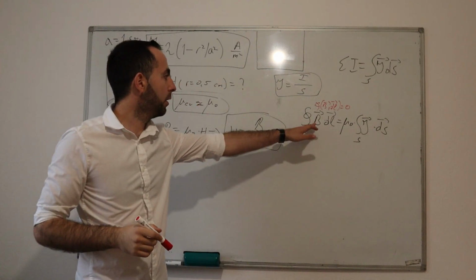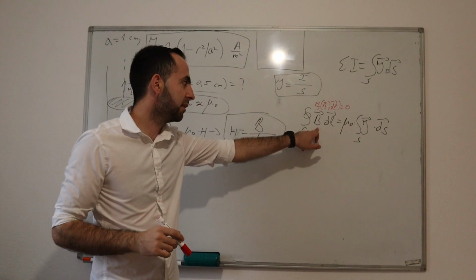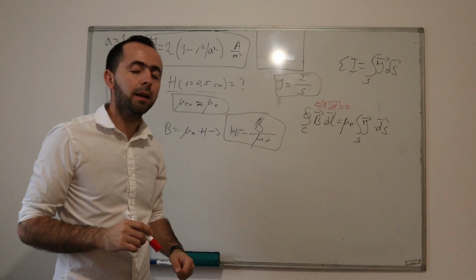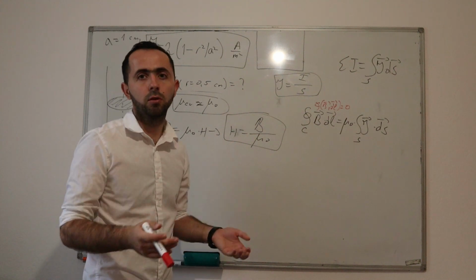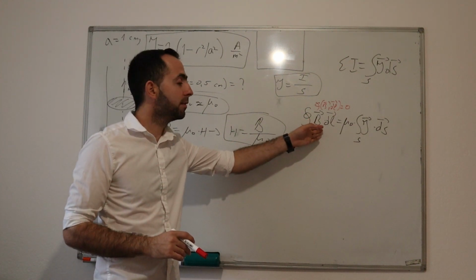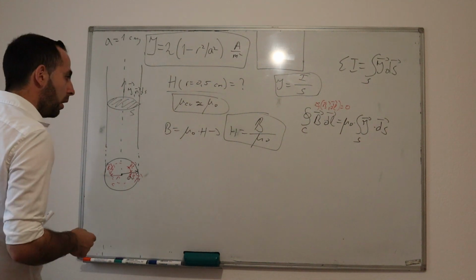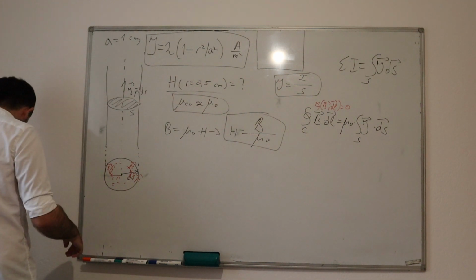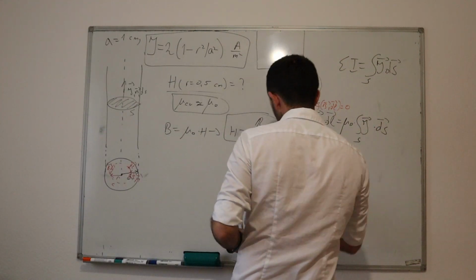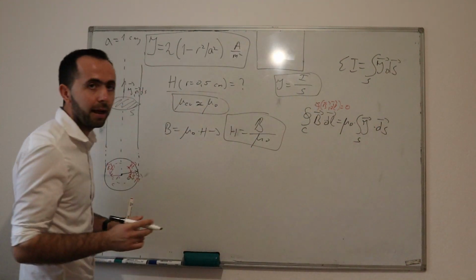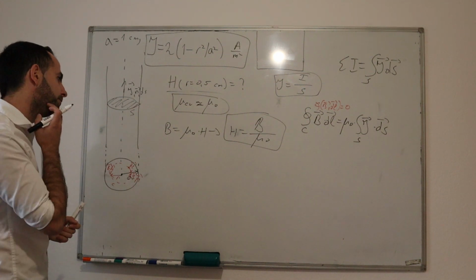We have a dot product of two vectors, equal to the magnitude of B times the magnitude of dl times the cosine of the angle between them, which is cosine 0, only 1. So we write this only as B times dl. The next thing we need to do is determine J dS, the current density and its surface. But what is the current?